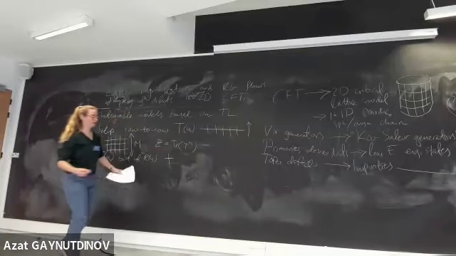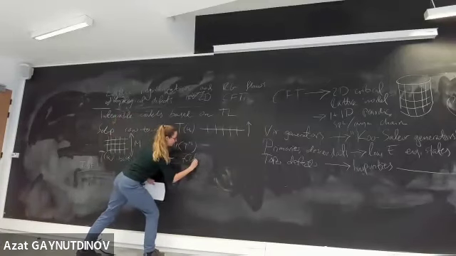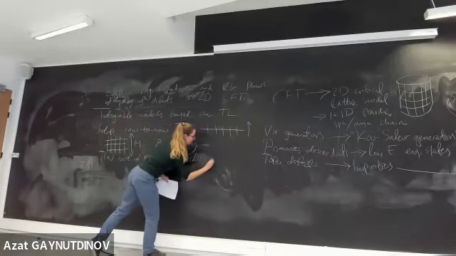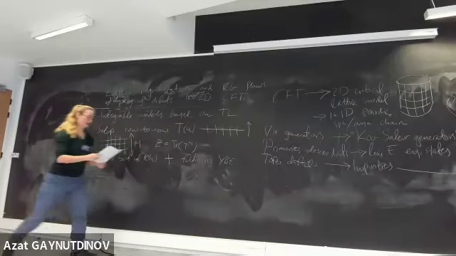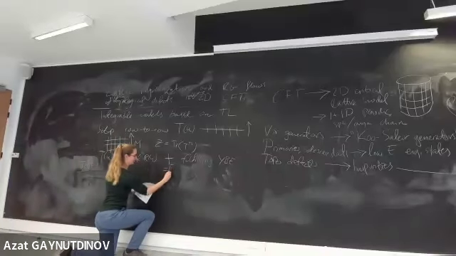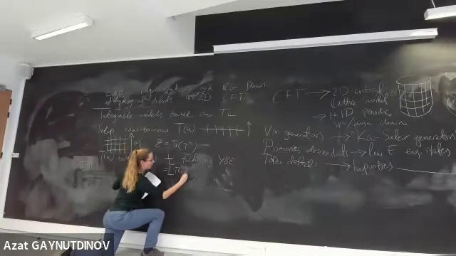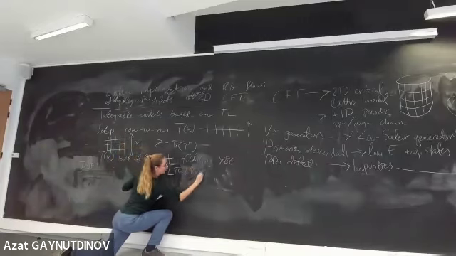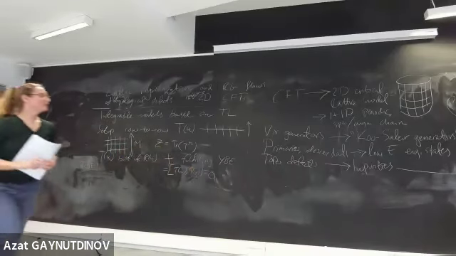And these R matrices will fulfill the Yang-Baxter equation. If they do, that in particular guarantees that all the transfer matrices will commute, T(u) and T(v).